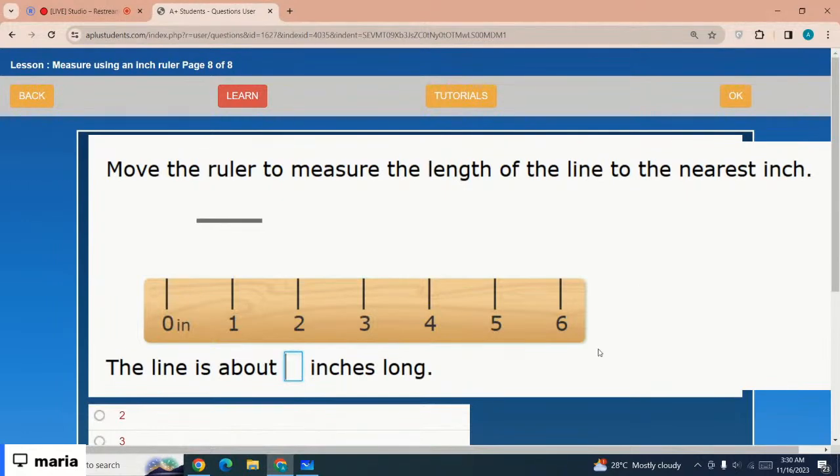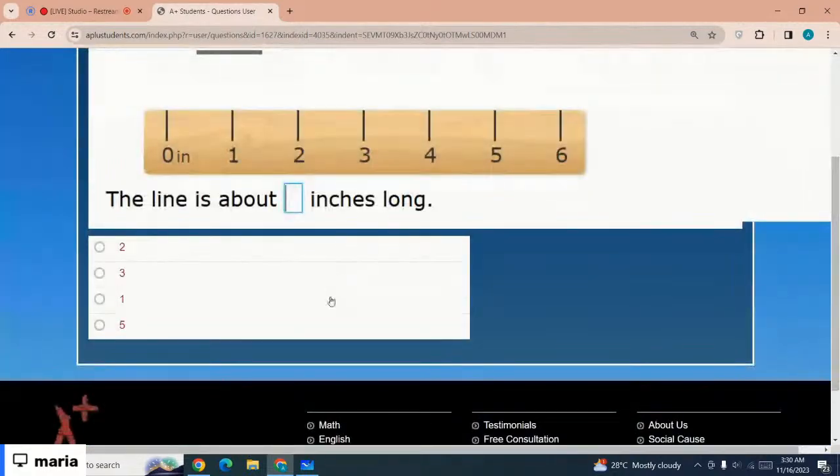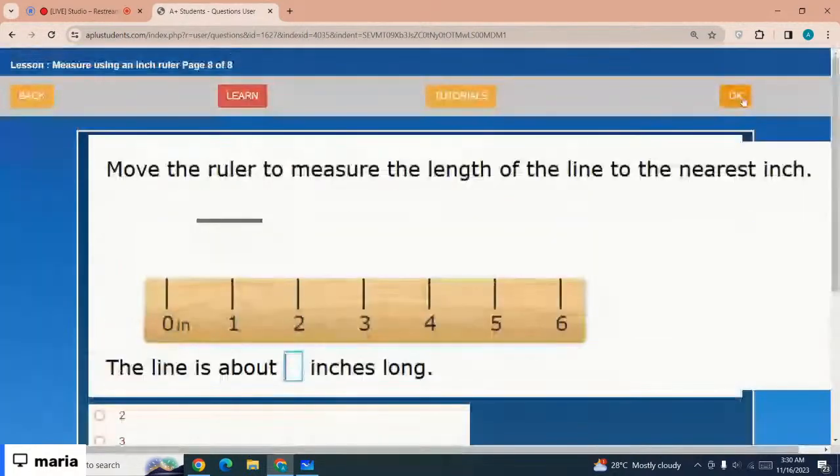Yes, that is just 1 inch long, and we are done with this lesson. So let's just move on to the next lesson. Isn't it this easy?